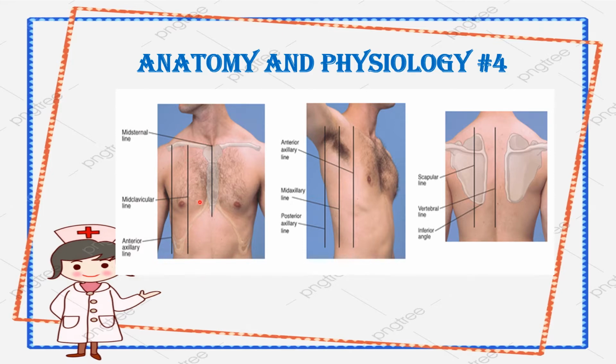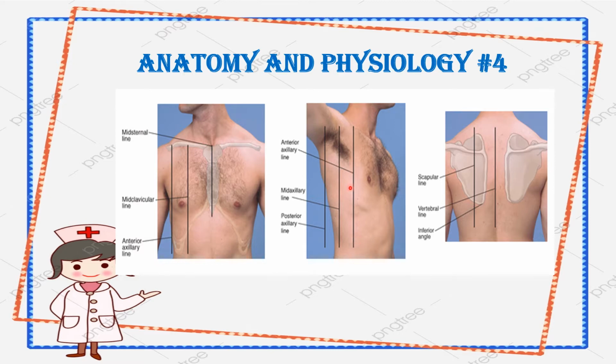The anterior and the posterior axillary lines drop vertically from the anterior and the posterior axillary folds, which are the muscle mass that border the axilla.